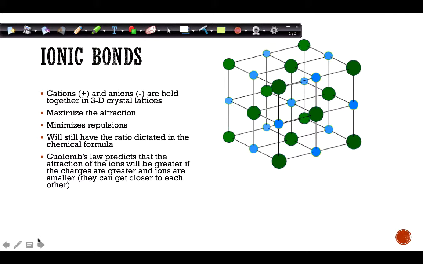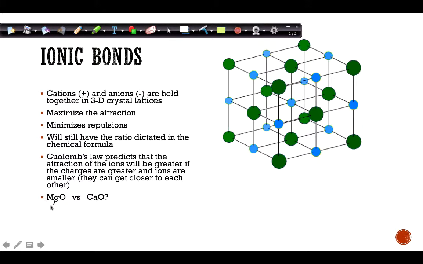Now, Coulomb's law basically predicts that the attraction of the ions is going to be greater if the charges are greater and if the ions are smaller, because if you're smaller, you can get closer to each other. So if we're looking at these two compounds, which one will have a stronger attraction, magnesium oxide or calcium oxide?